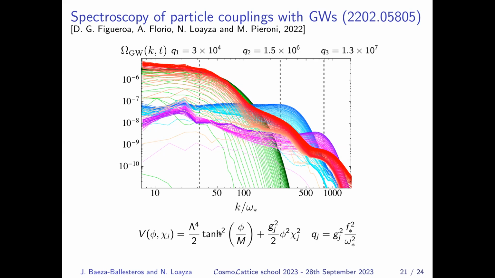So can I ask a question? For the tan hyperbolic square potential, how is this self-resonant? Because this is an m² φ² potential, how is it self-resonant? Sorry, what's the question? My question is that this is a tan hyperbolic square potential, so a square potential does not have any self-resonant features.